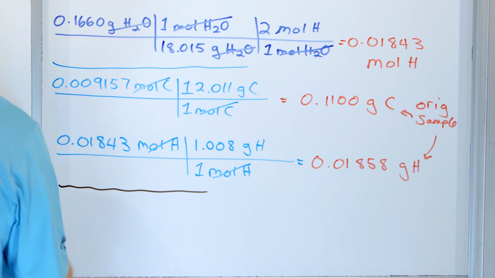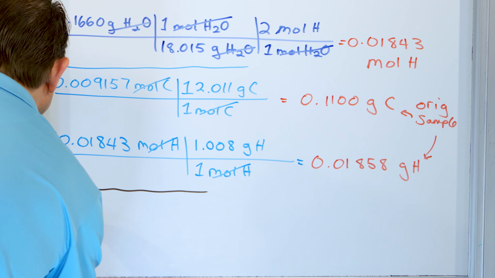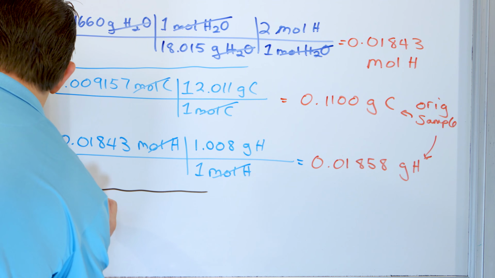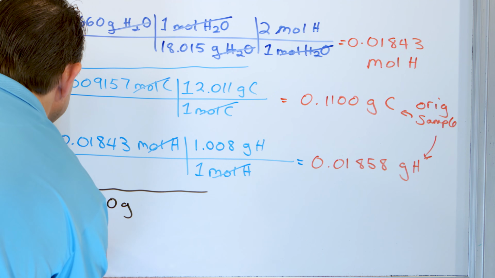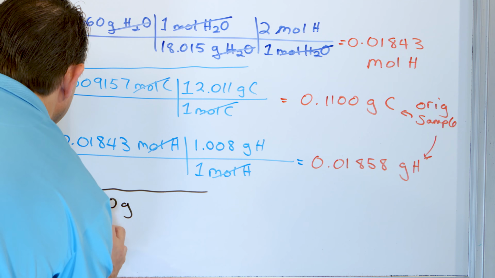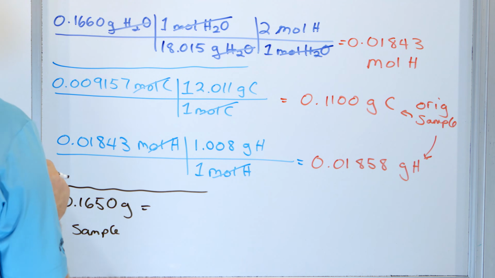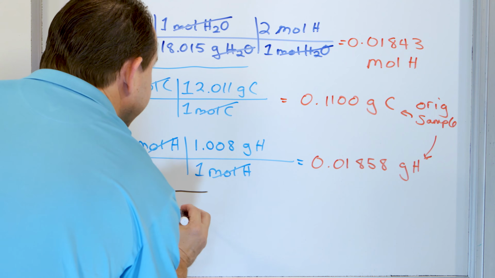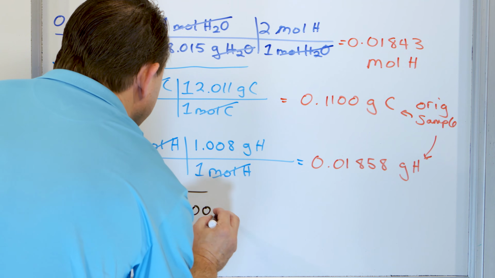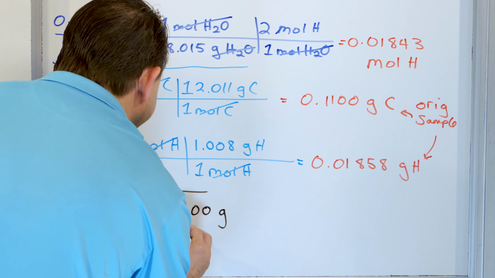What we can say is that the original sample, 0.1650 grams, I'm going to put under here, this is the sample, right? That's equal to the mass of the carbon. The mass of the carbon is right here, 0.1100 grams. This is carbon.